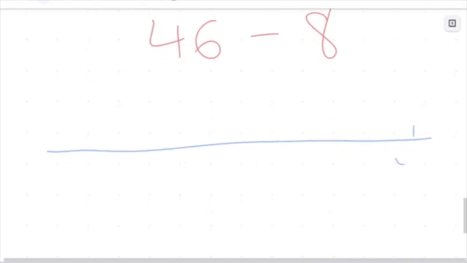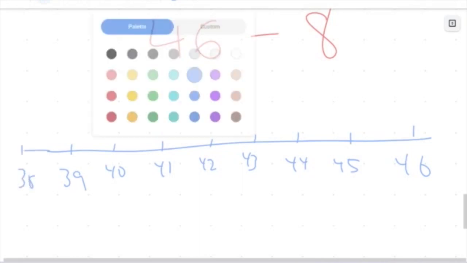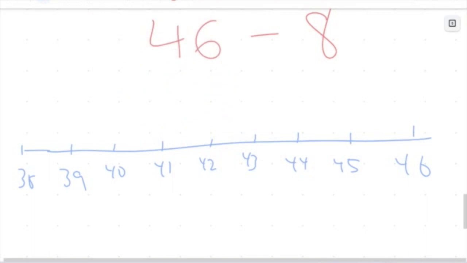Now, if I'm starting at 46, I have 45, 44, 43, 42, 41, 40, 39, 38. I'm starting at 46 and I'm minusing 8.